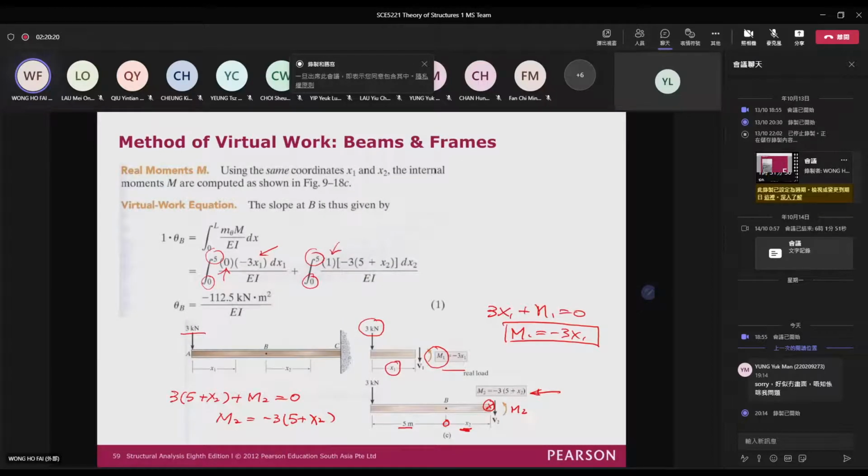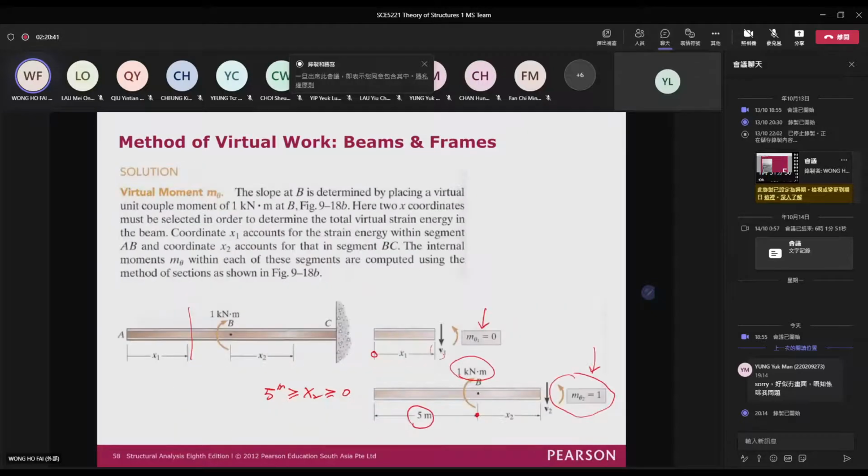And then the real moment is equal to -3 times 5 plus x2. So after the integration, you can find the value is equal to -112.5. Negative means that it is in the opposite direction of this one. So actually it will rotate in this direction.